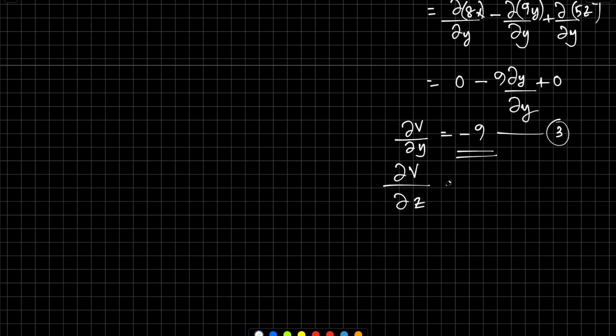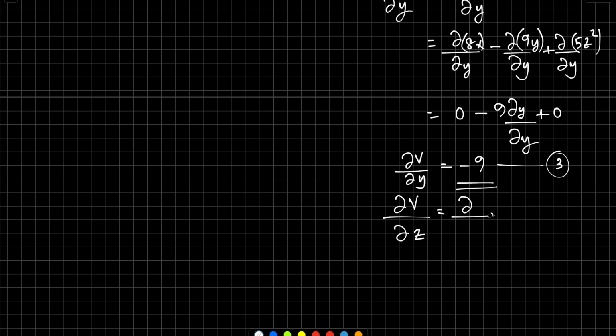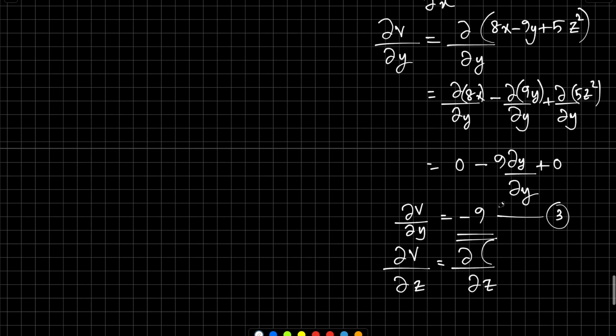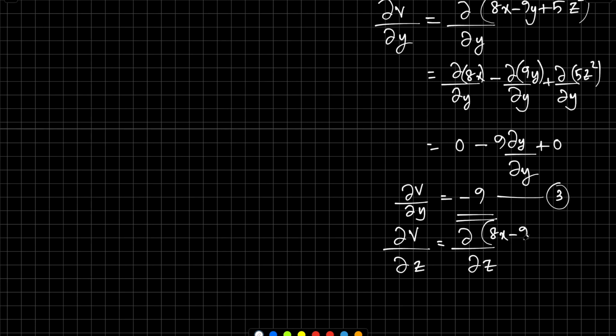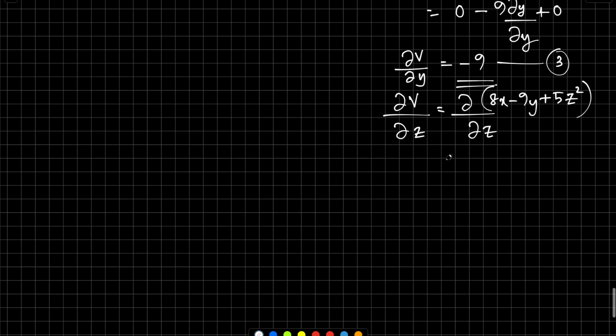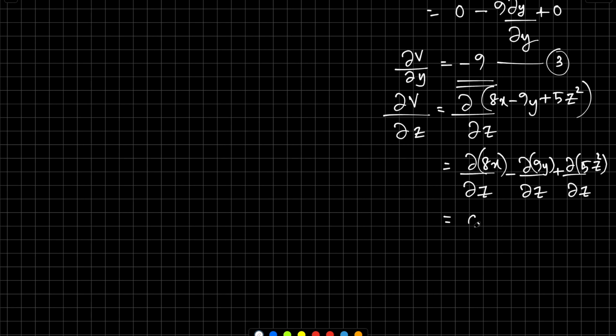So dou v by dou z: dou by dou z of the same potential function, 8x minus 9y plus 5z square. Open the bracket: dou by dou z of 8x minus dou by dou z of 9y plus dou by dou z of 5z square. First term will be 0, there is no z at the top, and so is the second term, it's equal to 0.